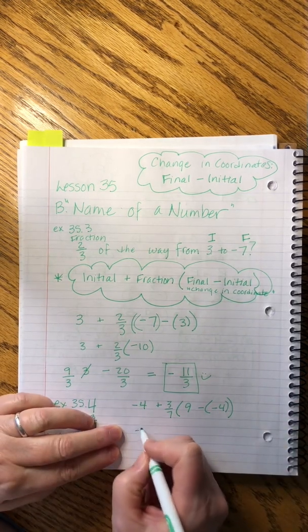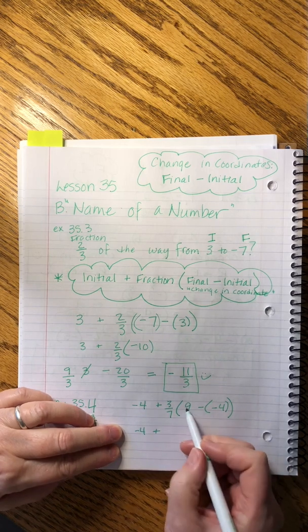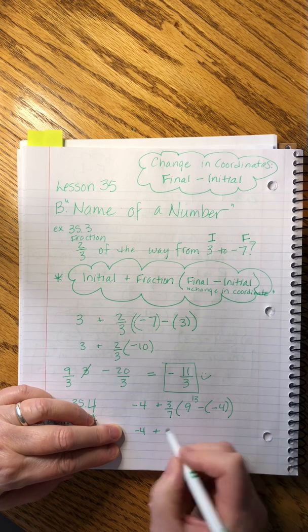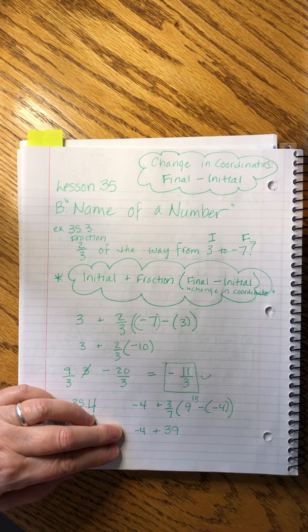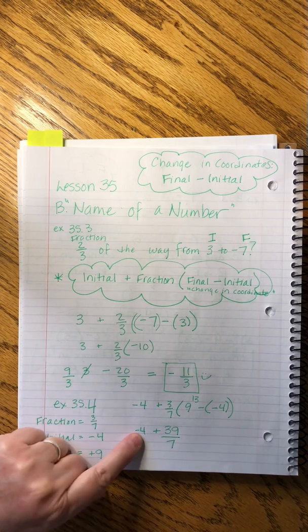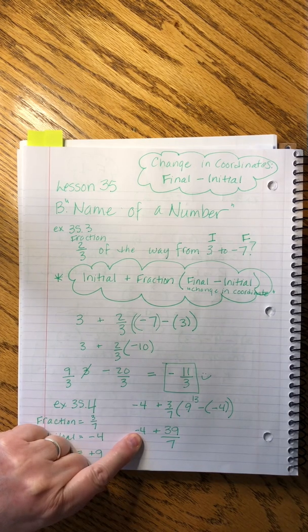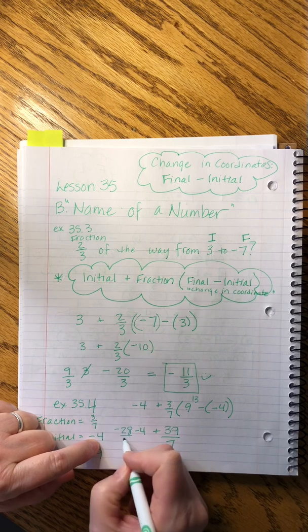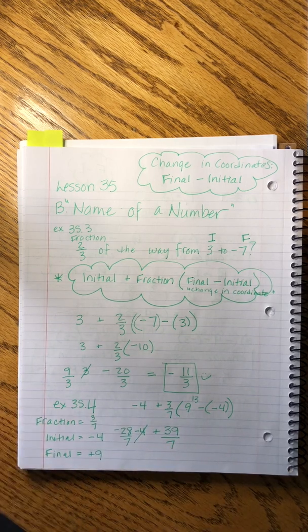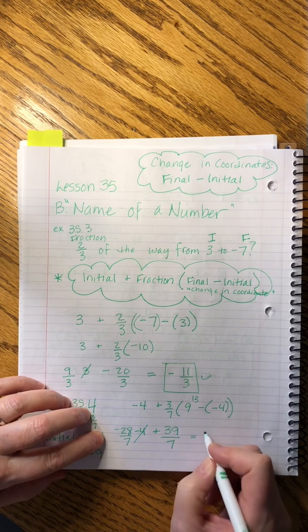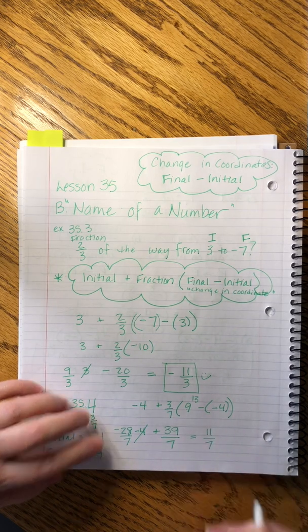This then is minus 4 plus, okay, 9 plus 4 is 13. 13 times 3 is 39 over 7. Let's multiply this by 7 over 7 so that they match. So that becomes minus 28 over 7. I'll cross that out. And now I can add, and this time you get 11 over 7.